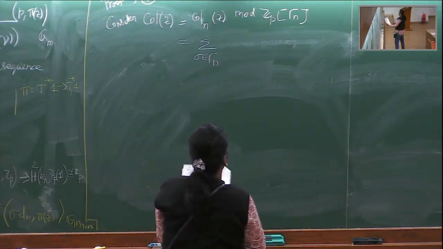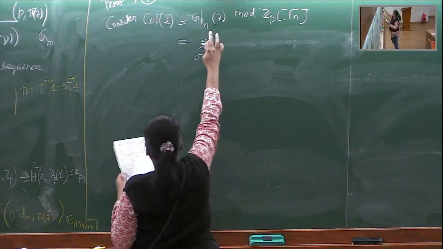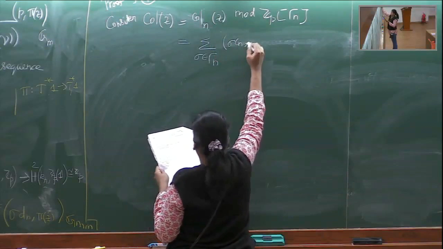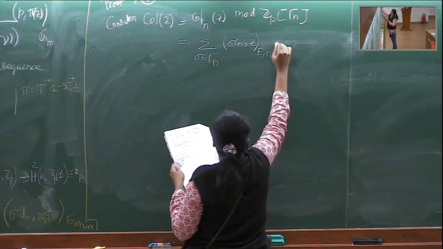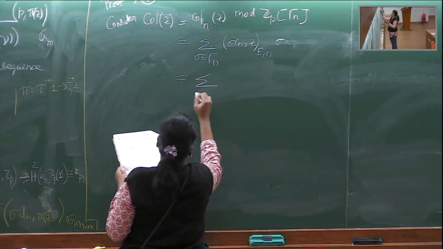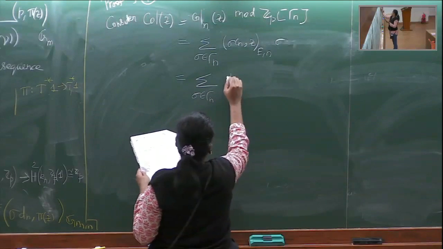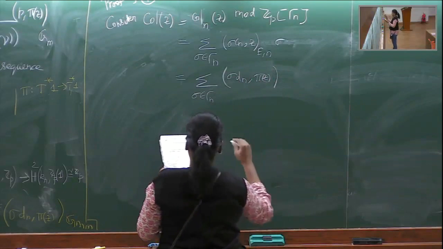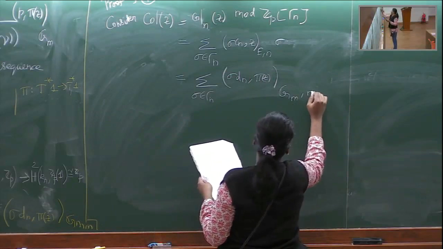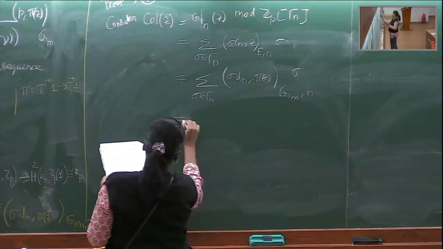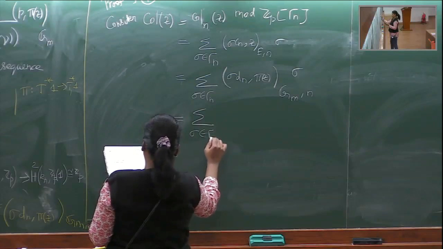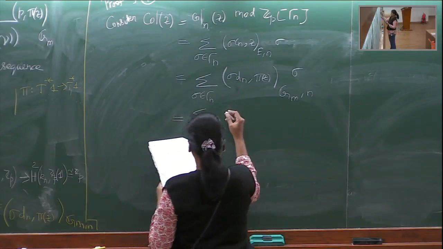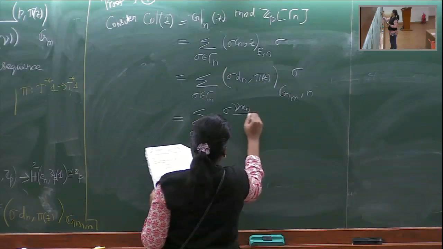When you go mod Gamma_n, because of the definition, that is the nth map. Now I want to substitute Hilbert's theorem 90 and write this d_n as gamma of x_n by x_n.